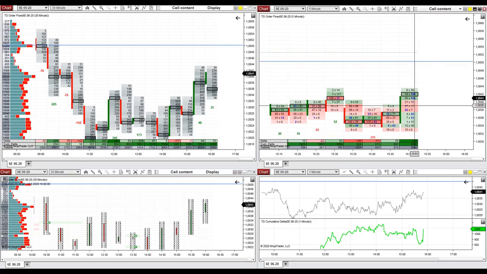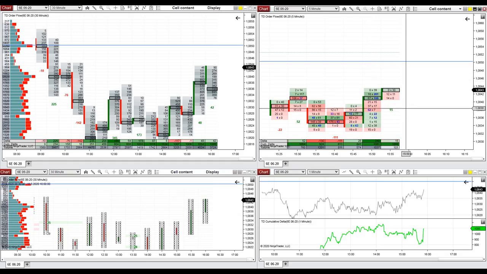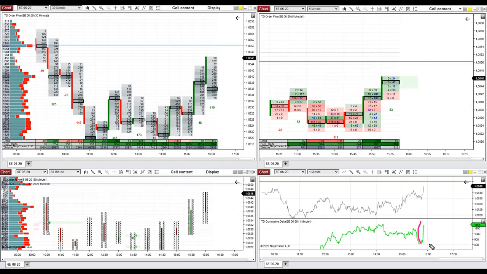When you see this, you need to start paying attention, because there could be quick move and it could hit the level. Because buyers are jumping in. Look at Delta.